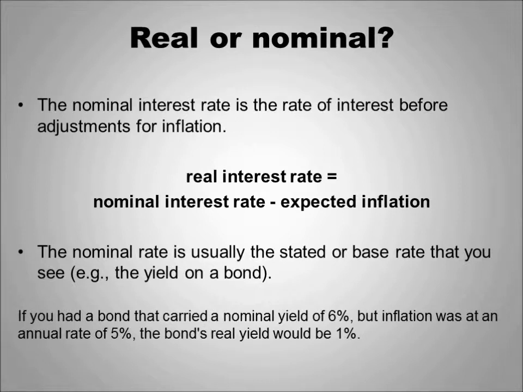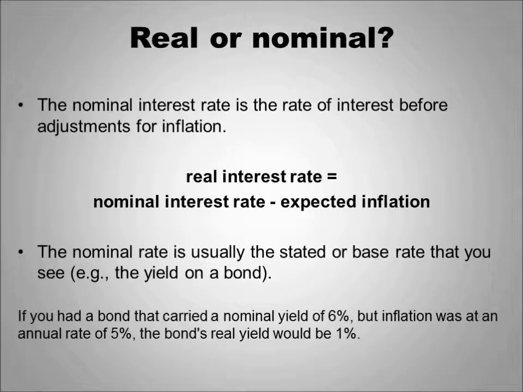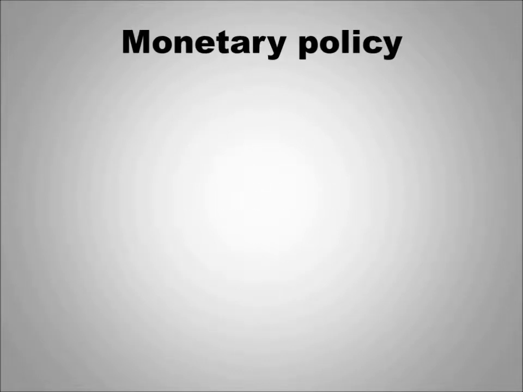So again, the real interest rate is equal to the nominal interest rate minus the expected inflation. Interest rates are a key part in determining which direction the market will travel in when we're looking at each currency pair.